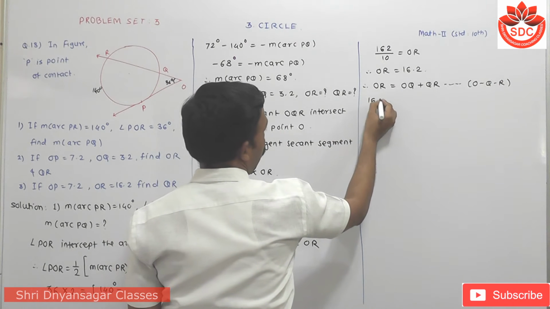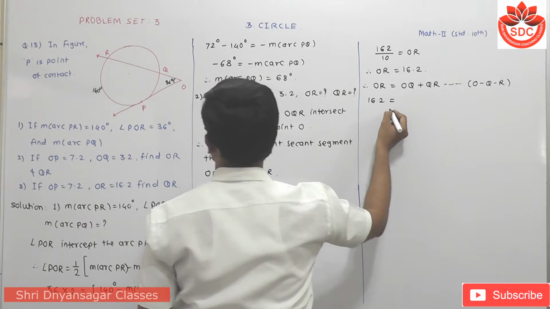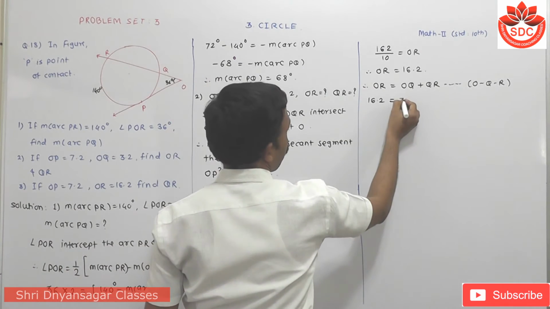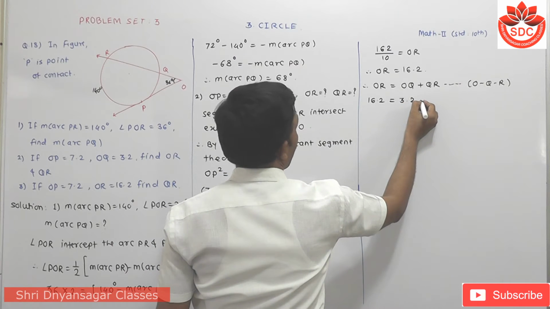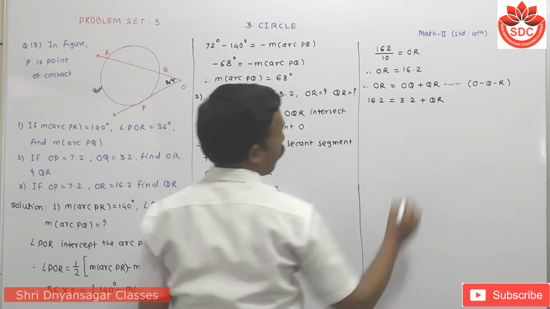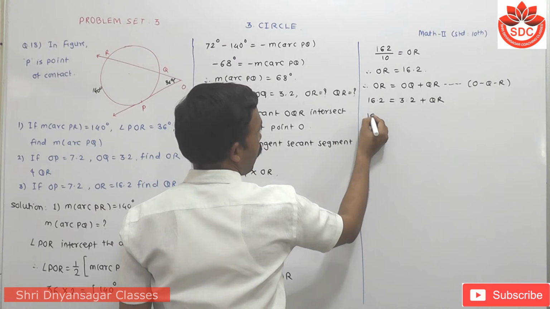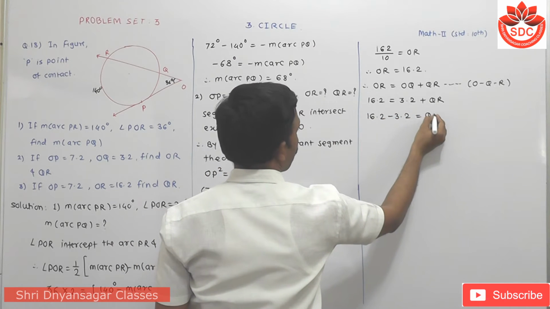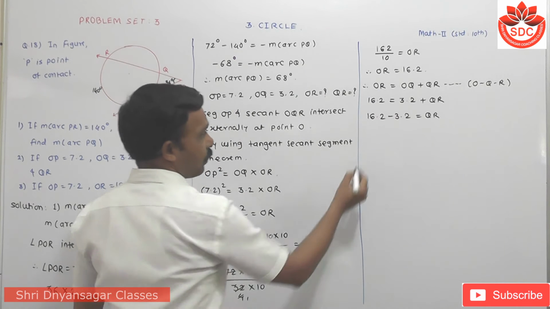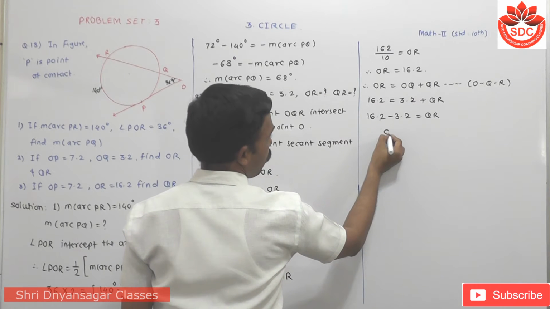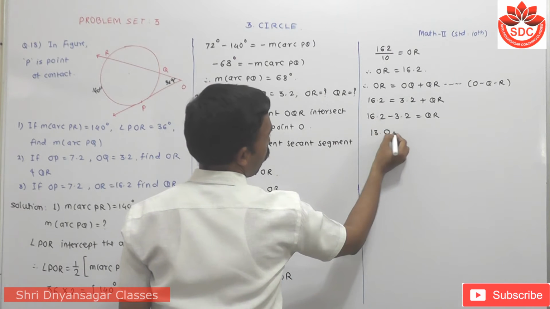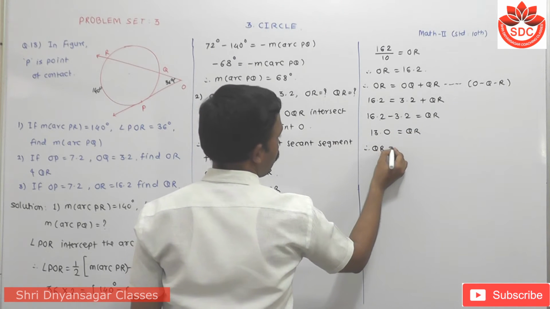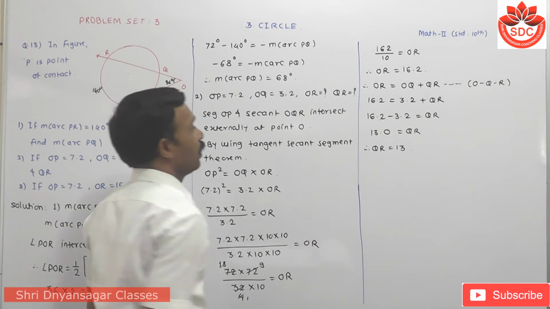OR is 16.2, equal to OQ, which is known as 3.2, plus QR. Transposing this, we get 16.2 minus 3.2 is equal to QR. The subtraction becomes 13.0, so QR is equal to 13.0.